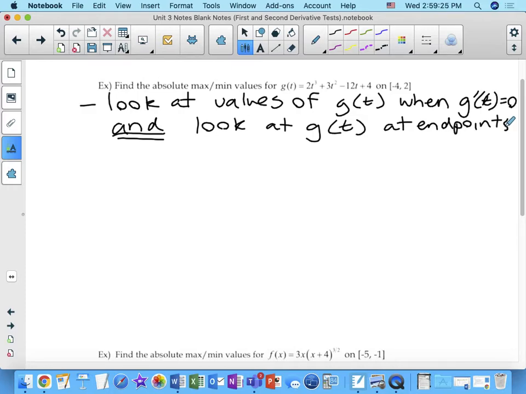Okay, so first we've got to find the derivative. So g prime of t, we can use the power rule for this, is going to be 6t squared plus 6t minus 12.